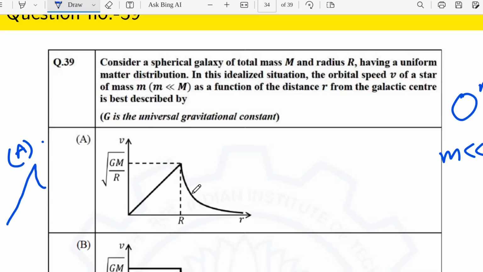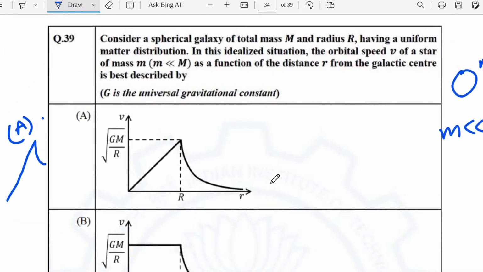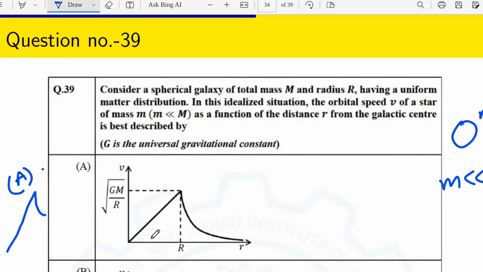So from that case we got an expression between v and r, the velocity of the star with respect to the distance. We got the relation that v is proportional to r when r is less than capital R, and v is proportional to 1 by root over r when r is greater than capital R. And if I plot these two, it will come as option A.